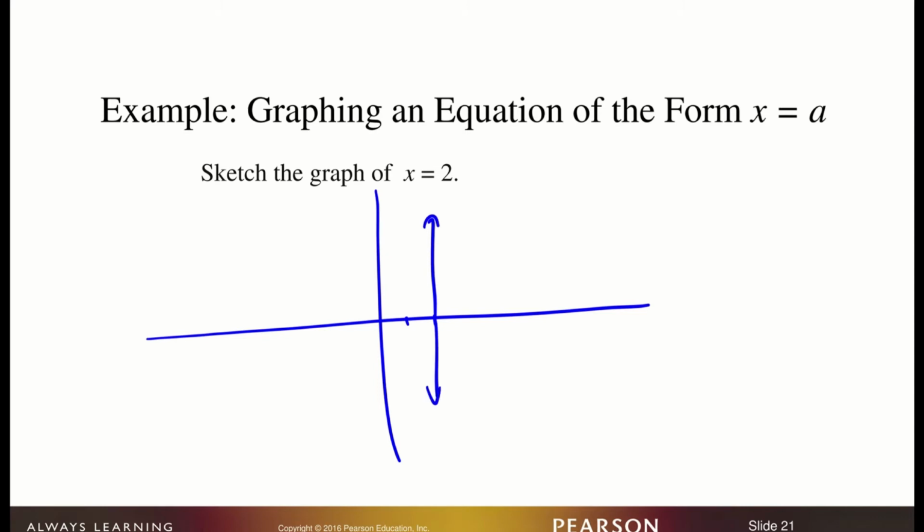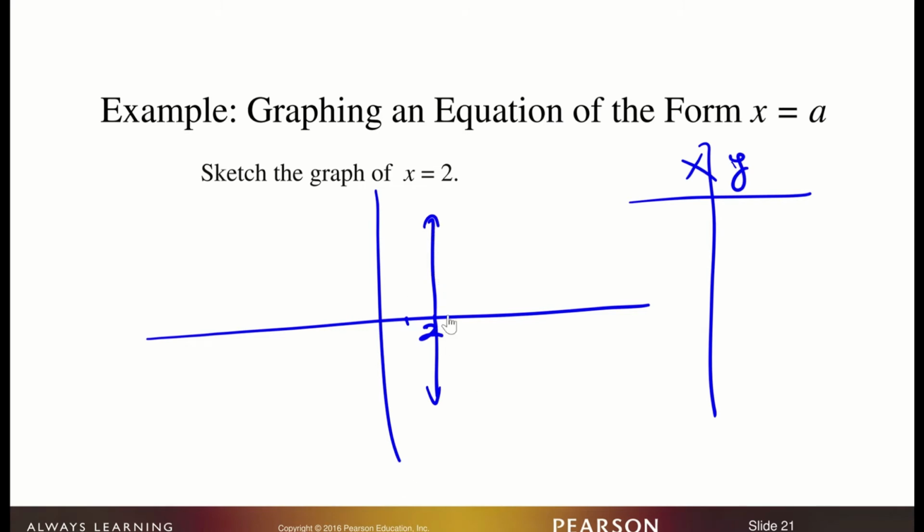So there it is. However, if you want ordered pairs, you can get that too. Here at first we graphed it just by reasoning. It's going to be a vertical line because the x value never changes. The x value is always 2.